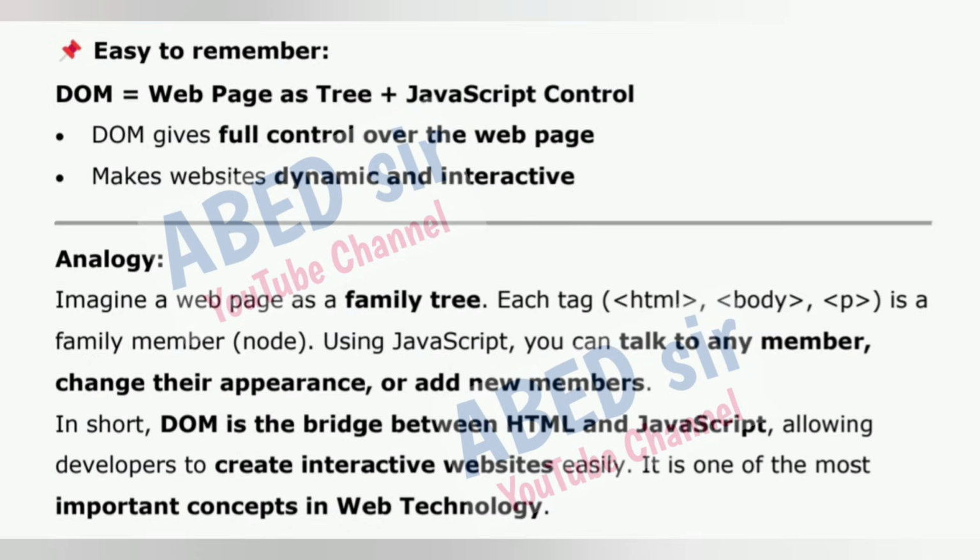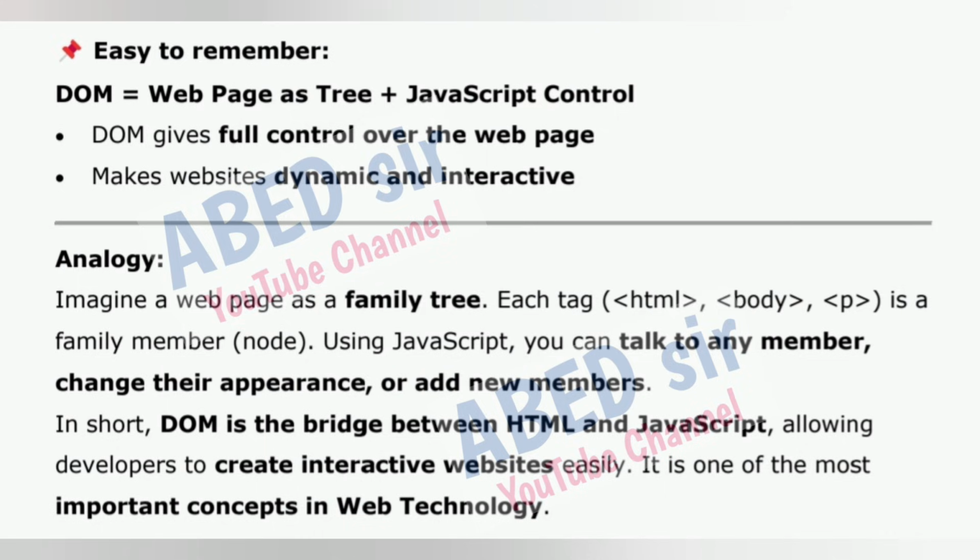Easy to remember: DOM equals web page as tree plus JavaScript control. DOM gives full control over the web page. It makes websites dynamic and interactive. Analogy: imagine a web page as a family tree. Each tag, html, body, p, is a family member node.